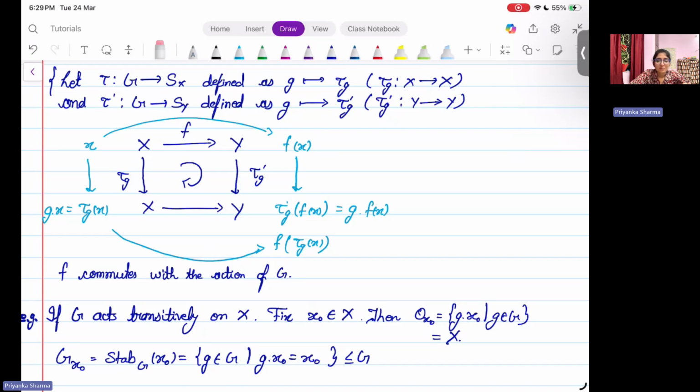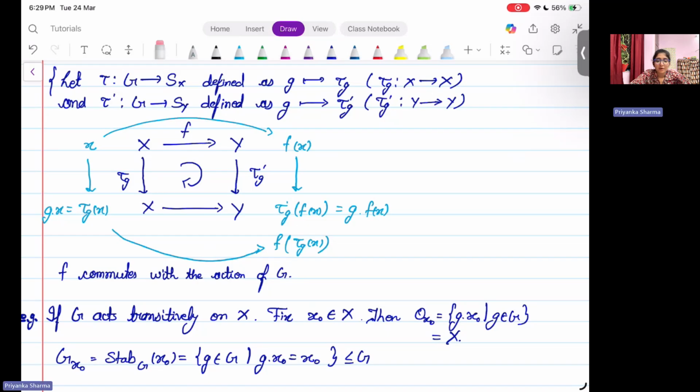From X to X we have some tau g, and from Y to Y we have some tau dash g. This tau g will map every x to tau g of x, and this is actually g dot x if we use the group action.